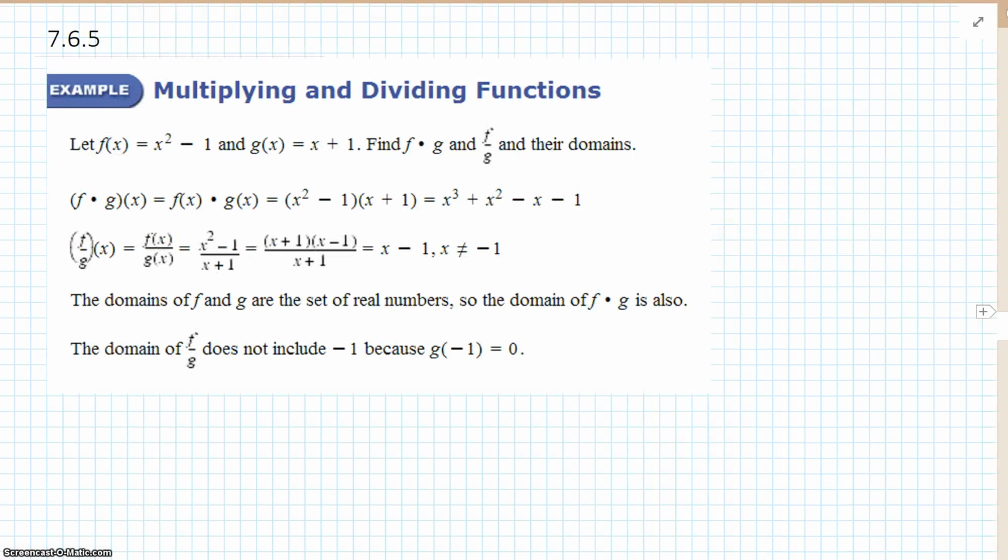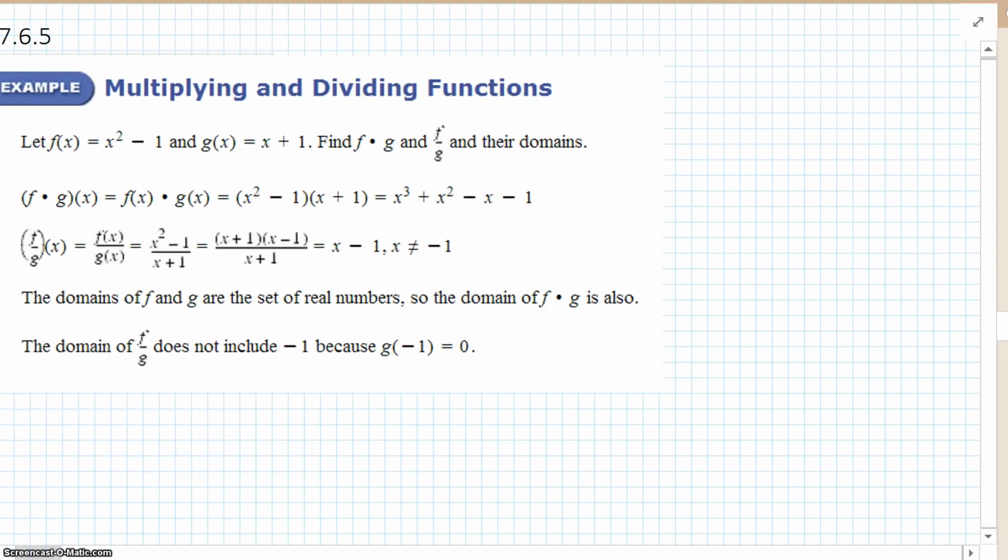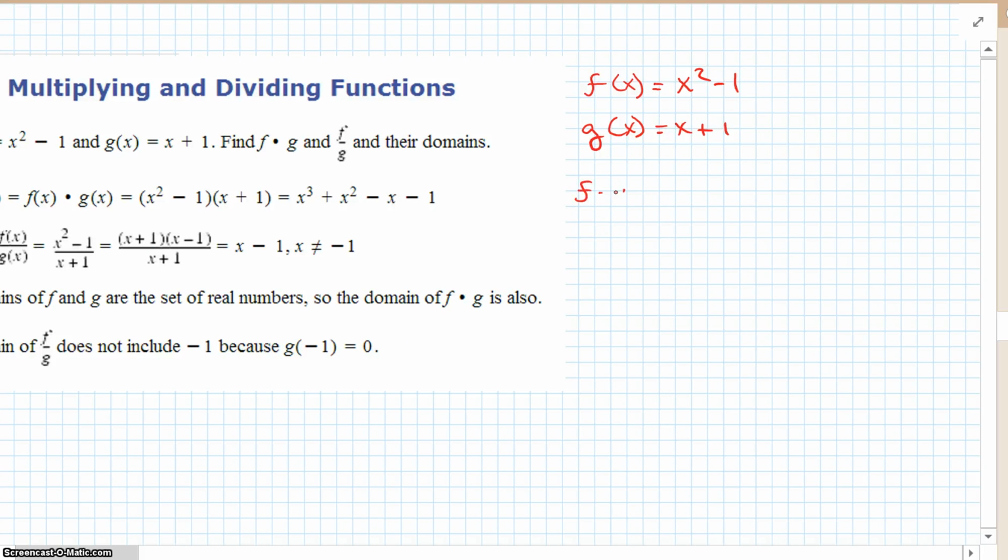Okay, next example. Let f of x be x squared minus 1 and g of x be x plus 1. Find f times g and f over g. So f of x is x squared minus 1 and g of x is x plus 1. Well, let's go ahead and simplify x squared minus 1.